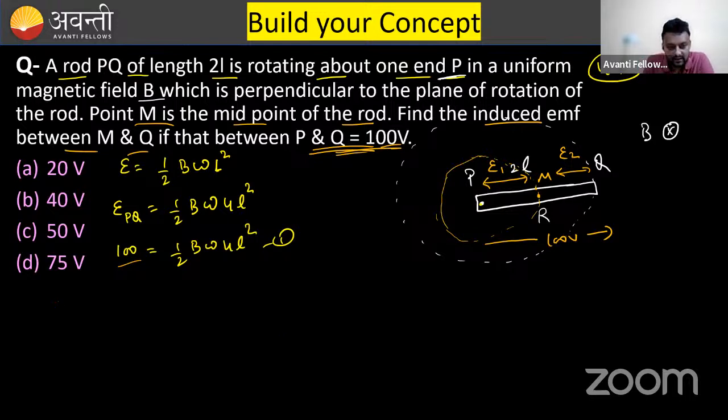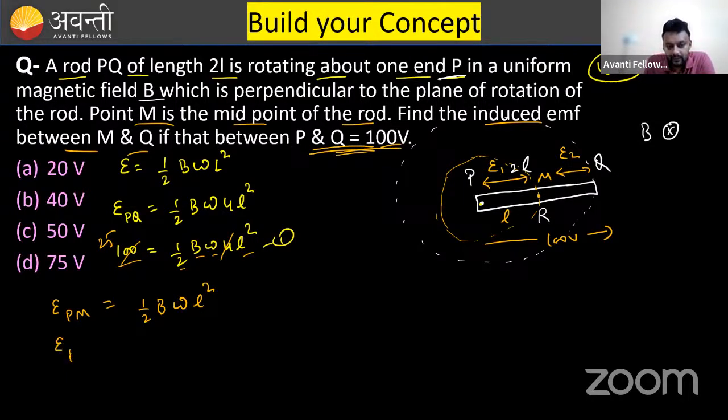Then the EMF between P and M will be half B omega, and this length will be L, so L square. So half B omega L square is the potential or EMF between P and M. And in half B omega L square, the 4 and 100 can be cancelled by 25.